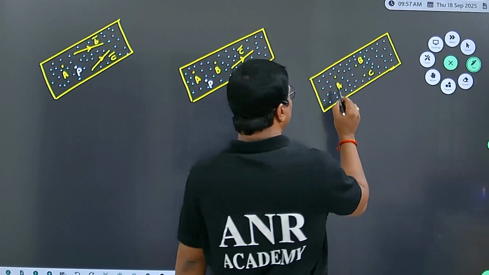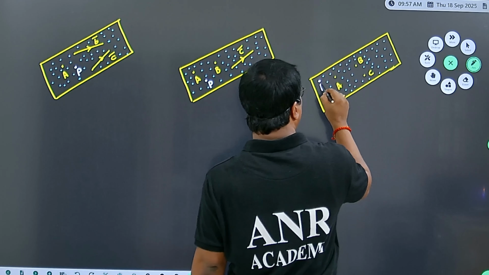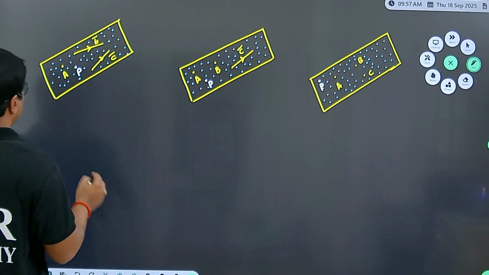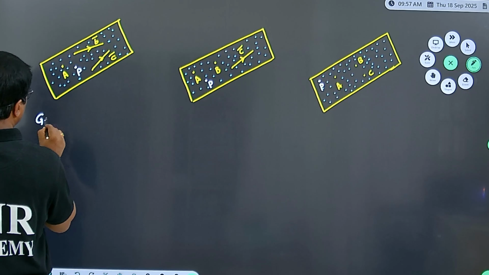Next, assume that there is a point P here. Now verify the geometrical condition in each case.